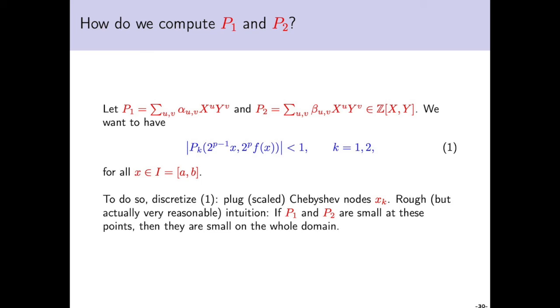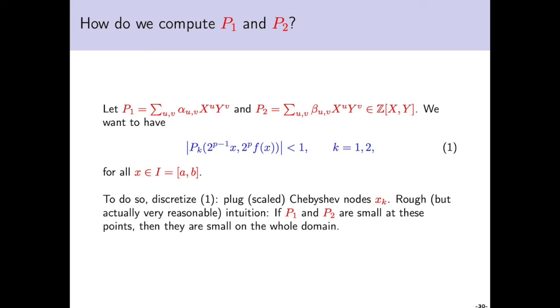But here, I have a uniform condition over a whole interval. The idea is to use, instead of a continuous number of inequalities, this inequality specialized at the Chebyshev nodes.